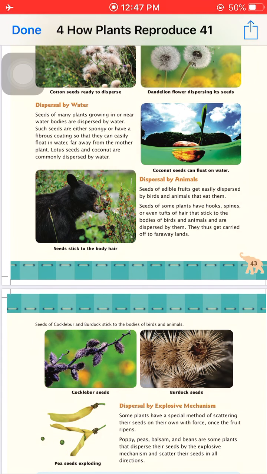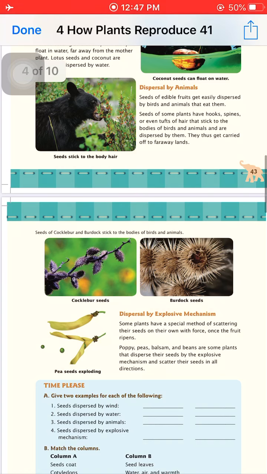Next is dispersal by explosive mechanism. Explosive mechanism means that when some seeds ripen, due to internal force, the seeds or fruits burst and the seeds are scattered in different directions.